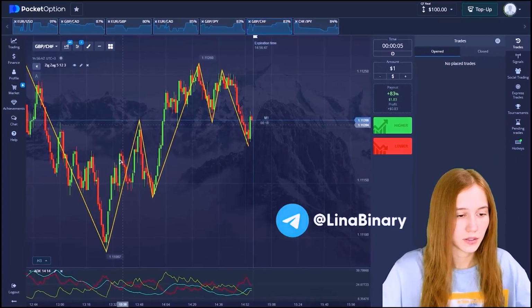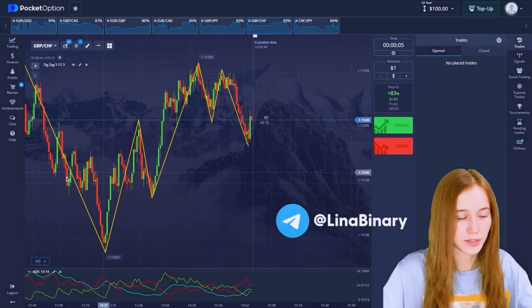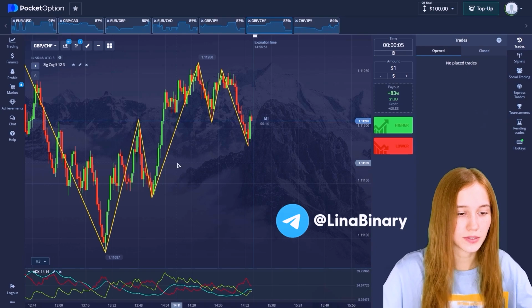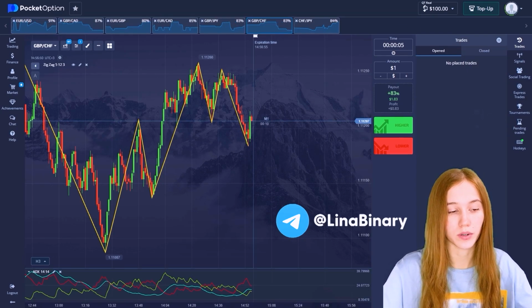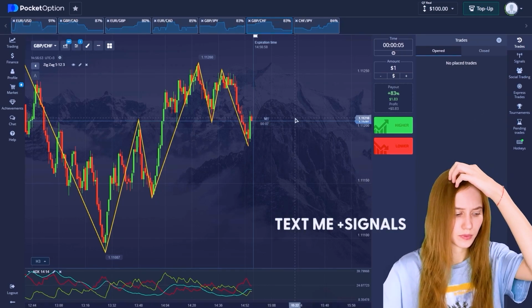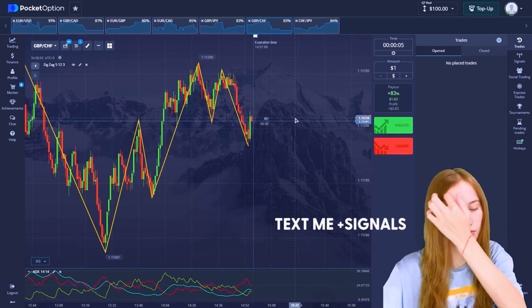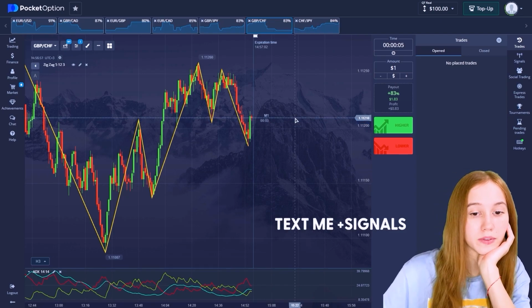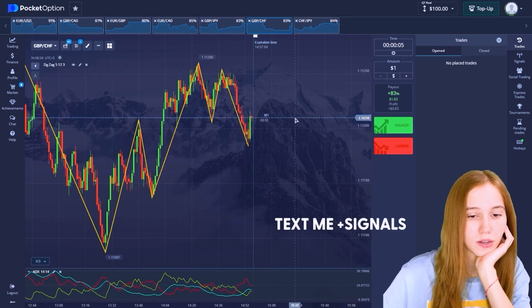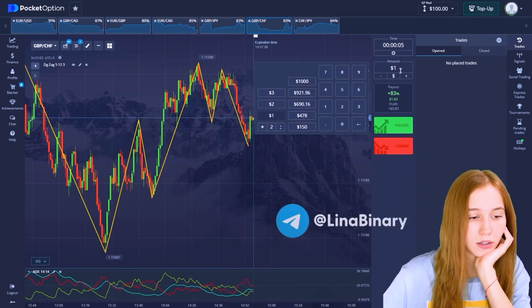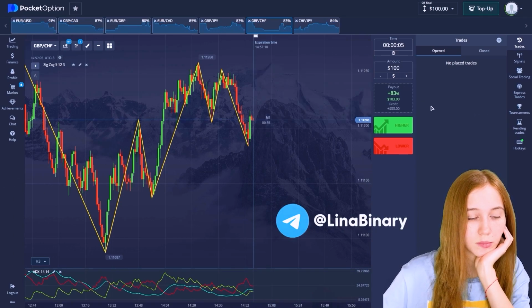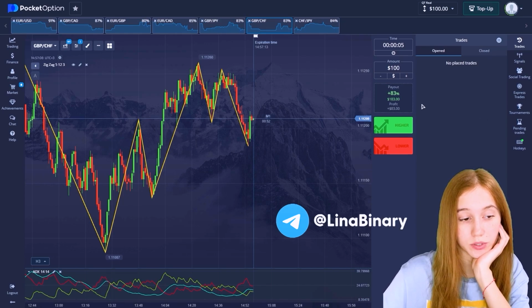So let's start on our workspace. First, we see today we'll trade with $100. We start with this sum, our starting balance. The amount of each deal will also be $100.